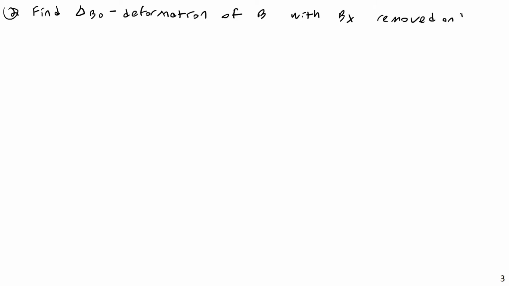So step 2 is to find delta B naught, again, the deformation of joint B with BX removed and real loads present.